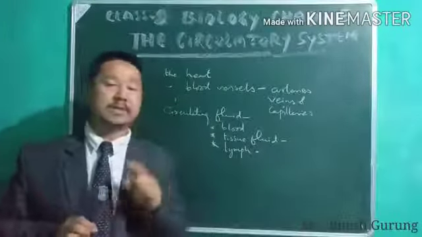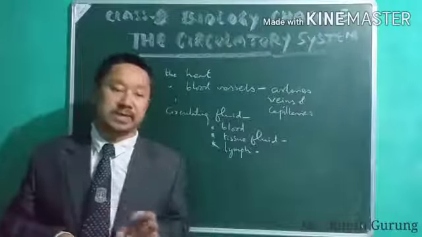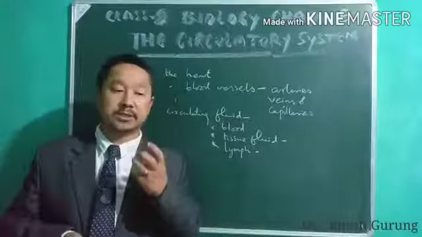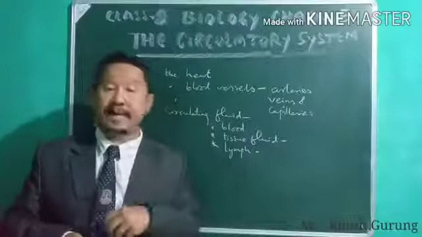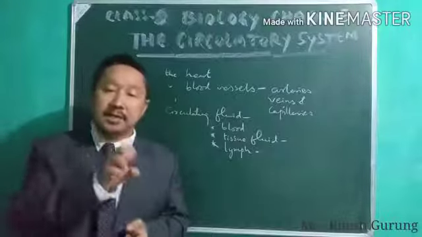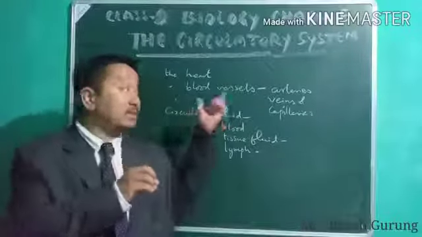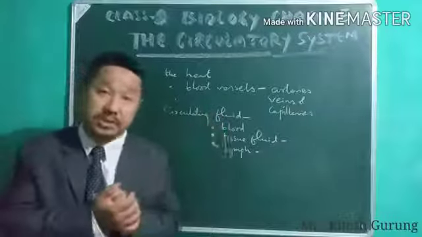Second, respiratory gases, like oxygen and carbon dioxide. When you breathe in air, oxygen is picked up by the hemoglobin present in the RBC of the blood. Blood is a component of your circulatory system.